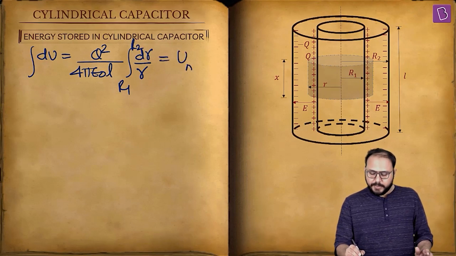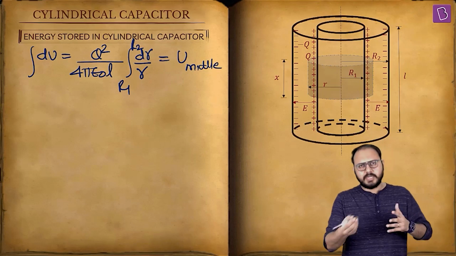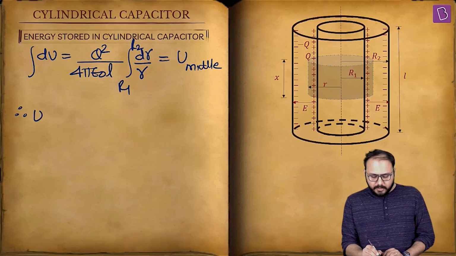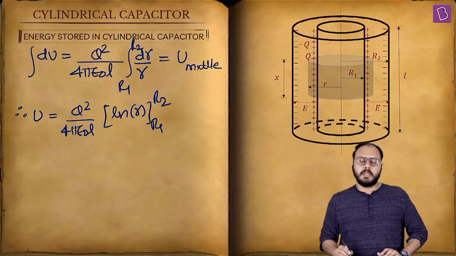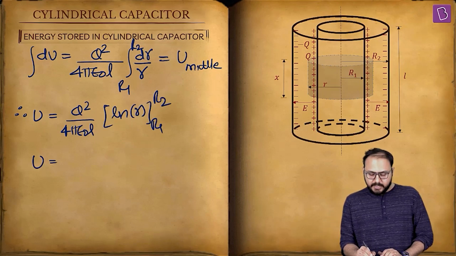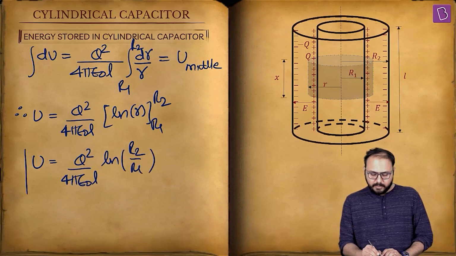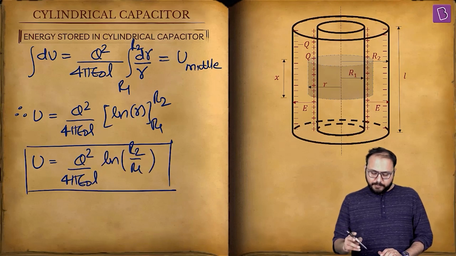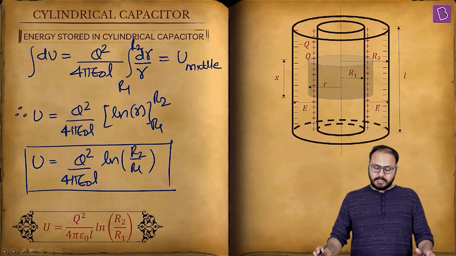U in between, which I am calling U because outside the outer is 0. U comes out to be, and now the big reveal, q square by 4 pi epsilon naught L ln of R2 by R1. This is, in my opinion, the energy stored. I think I'm right again.